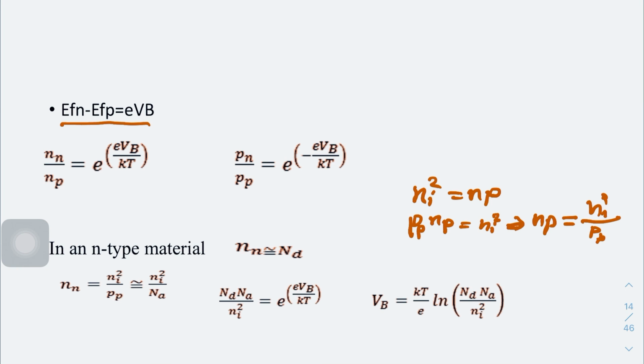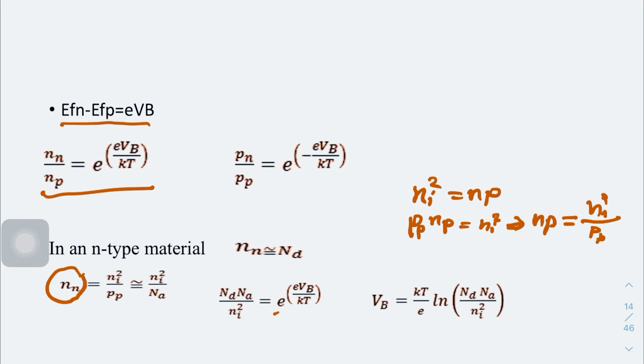By substituting the value of n sub p in this equation, we get n sub n times p sub p over ni squared equal to exponential of eVB over kT.